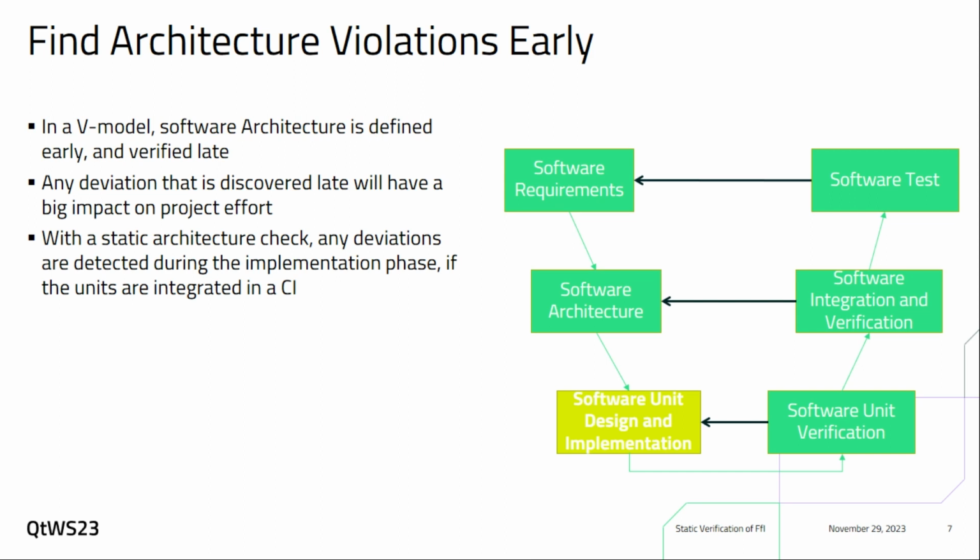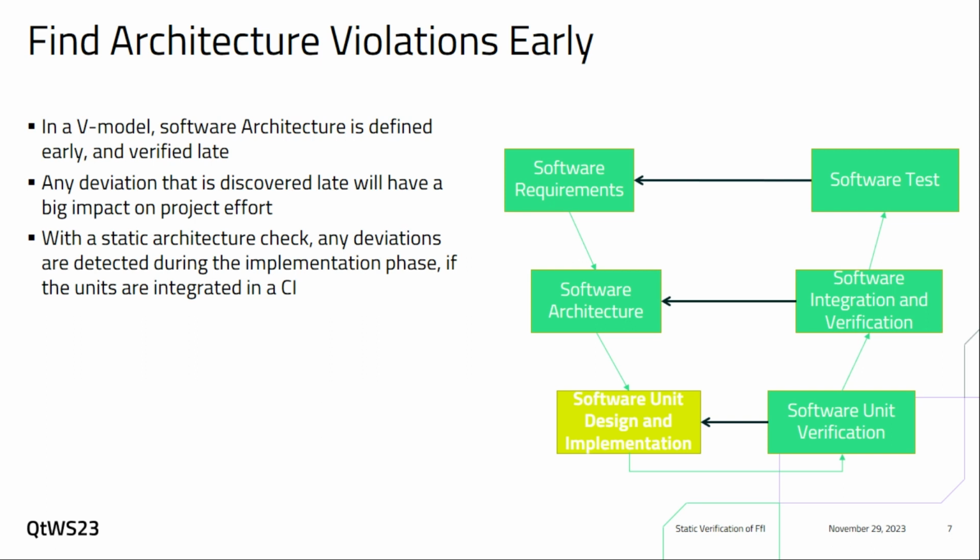And then you go up via the verification. You're doing the unit verification, go over to integration and verifying the complete integrated product, and finally the software test. And any deviation that is discovered here will cause a lot of pain in your project, a lot of effort, because you have to go back into the requirement analysis and fix it.